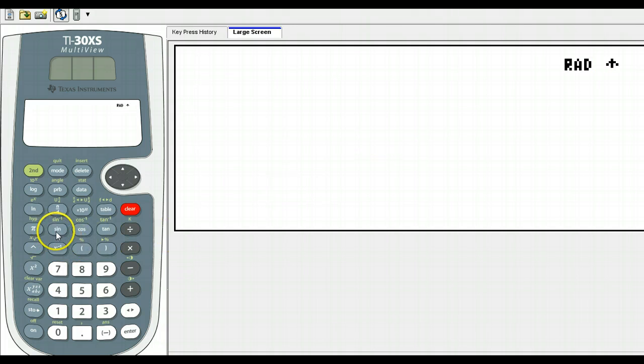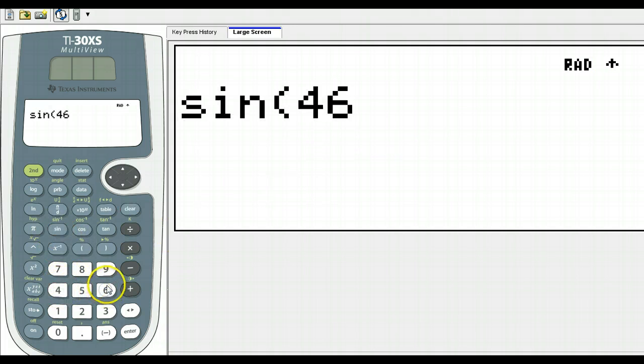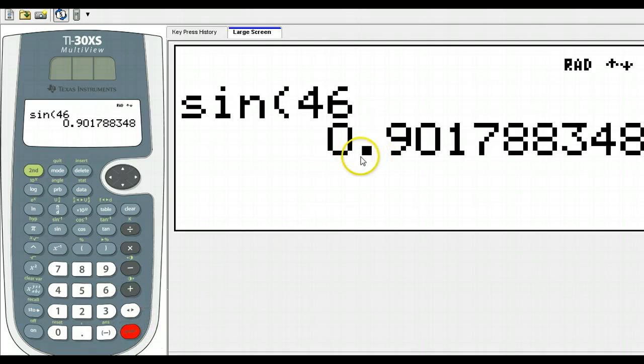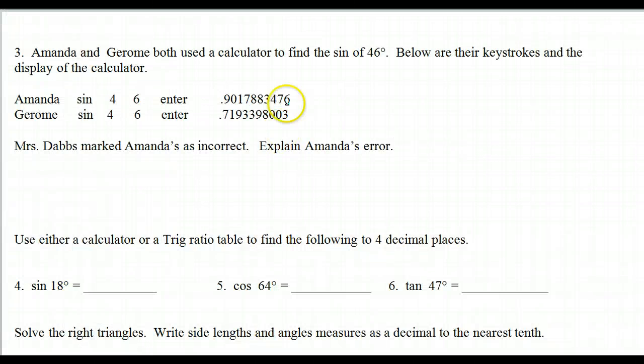So if we do sine 46 right now in radian mode, we're going to get 0.9017. That's what happened to Amanda. So why is Amanda's answer wrong?